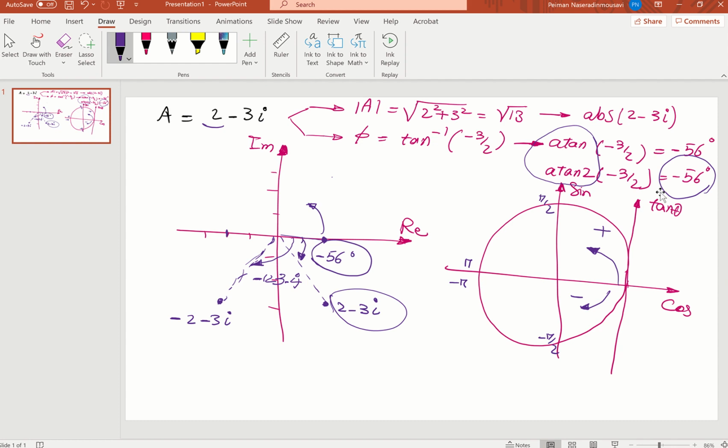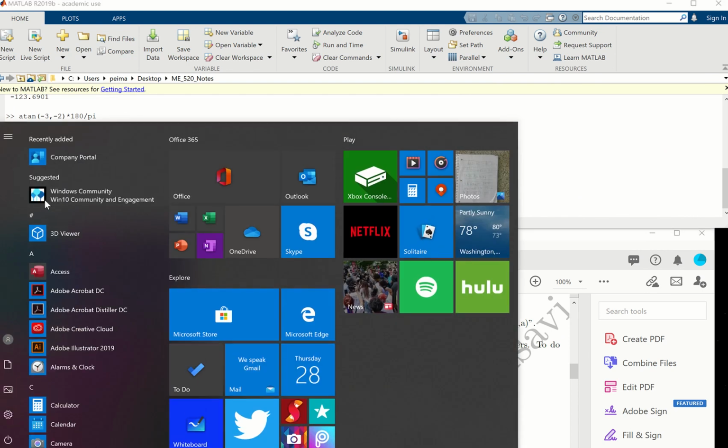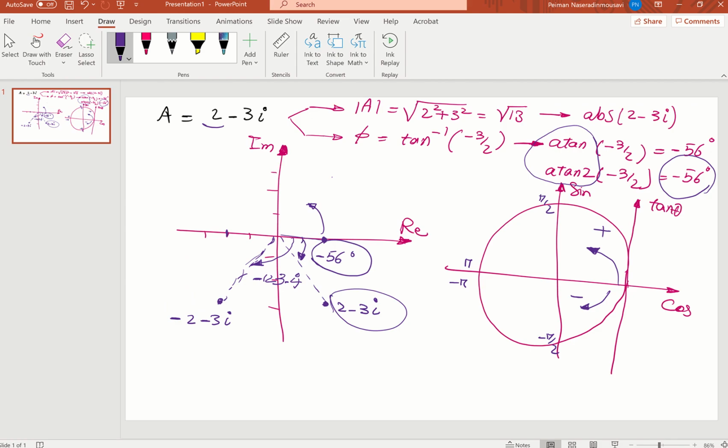So that's what we have. Even if you use atan only for this number, let me see, you have to use this. This gives you 56 degrees, guys. This is wrong. I'm emphasizing several times, this is a wrong number, because if you use atan or arctangent in MATLAB, this gives you plus 56, guys.